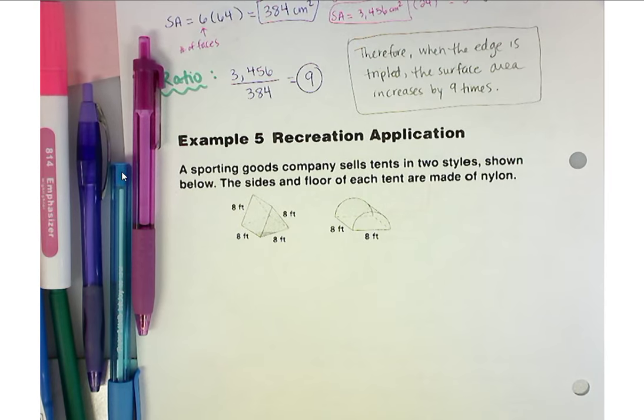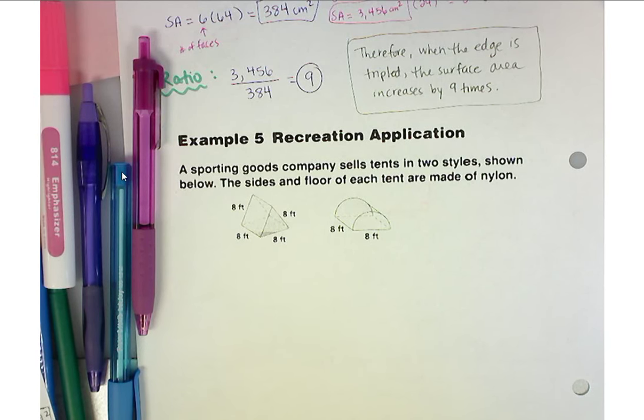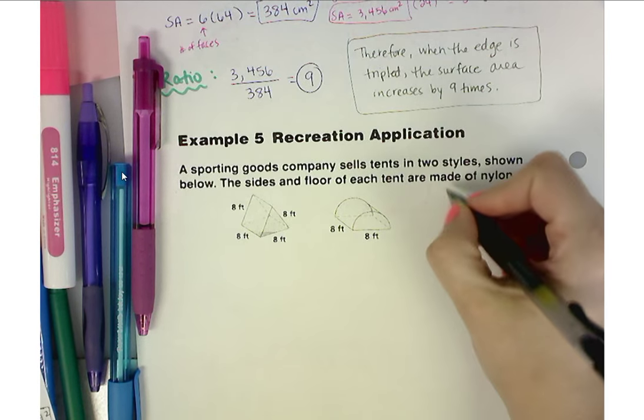Okay, and then the last one we're going to do is an application problem. So there's a sporting goods company that sells tents in 2 styles that are shown below. The sides and the floor of each tent are made of nylon. What do you have to find, you ask? Well, we're going to write that right here.